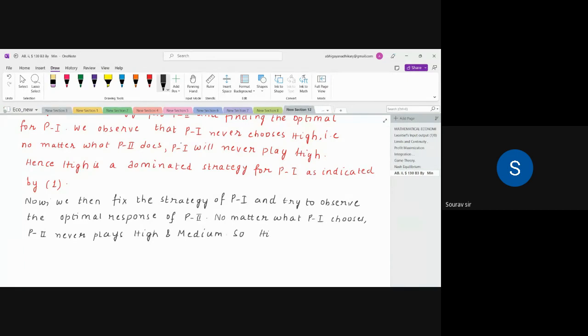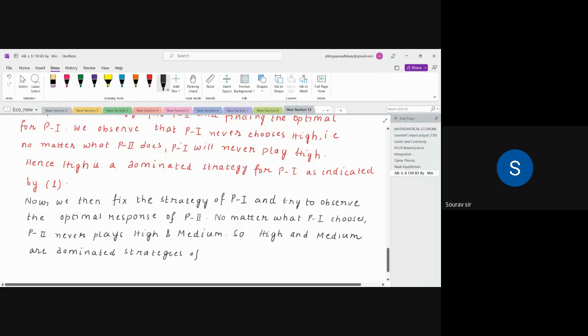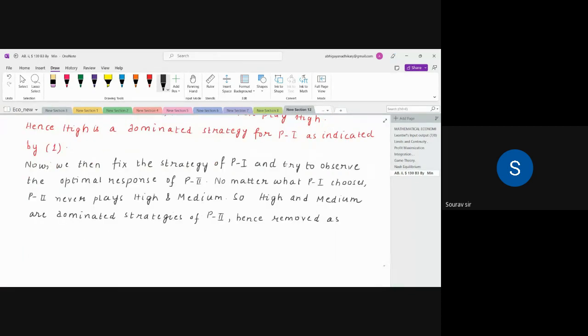So high and medium are dominated strategies of player 2, hence removed, as indicated by 2.